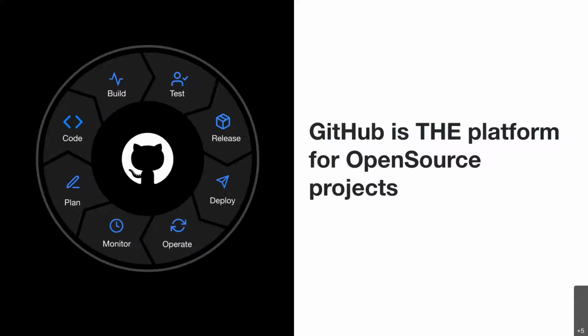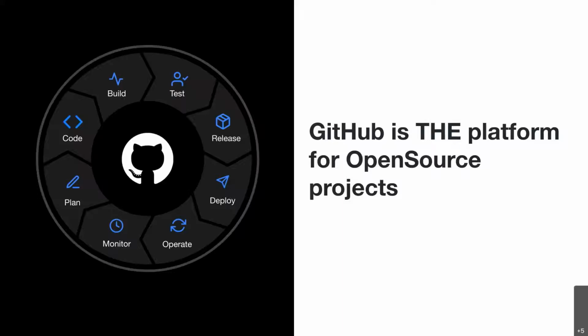GitHub has evolved over the last 12 to 13 years on the base of building this platform that enables all those points that I talked about, right? How do you get distributed teams to come together to plan, code, build, test, release, deploy, operate, monitor, and then go back again and do it again and again? And this has attracted so many open source projects.